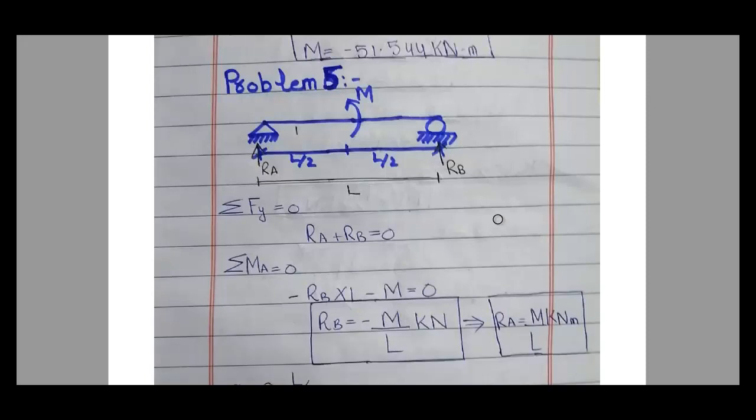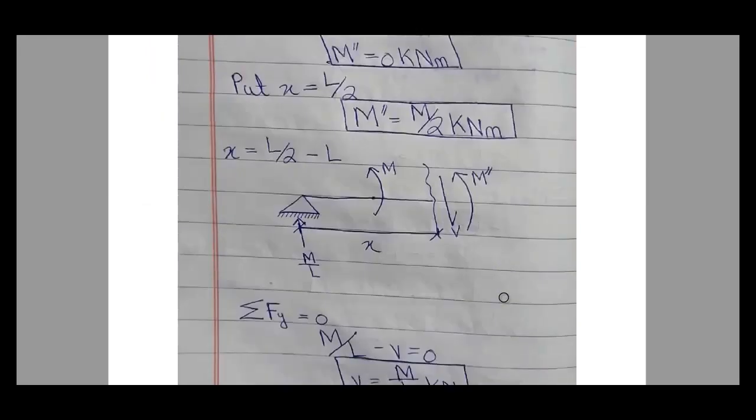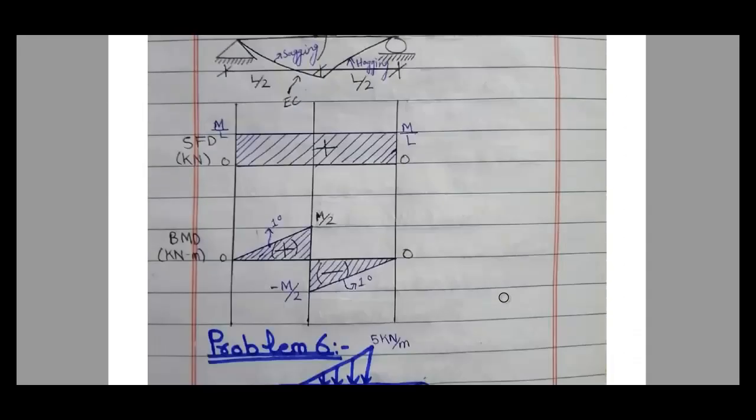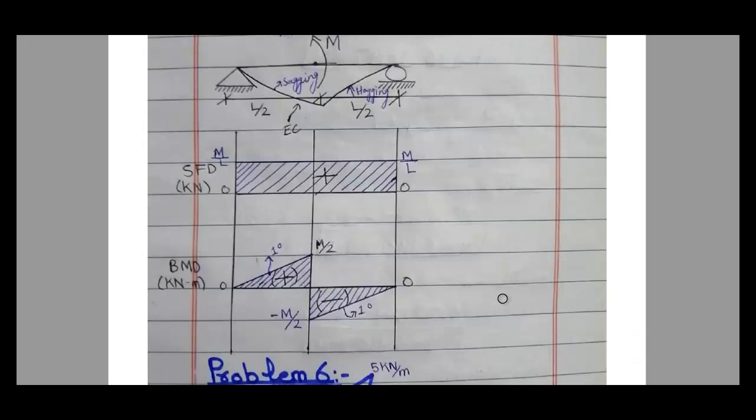In the fifth problem, we have a simply supported beam which is subjected to a point moment. The reactions will be equal in magnitude and opposite in direction, minus M over L and plus M over L, so that seems fine. Then we just need to consider two portions. Let me see the bending moment diagram and shear force diagram.